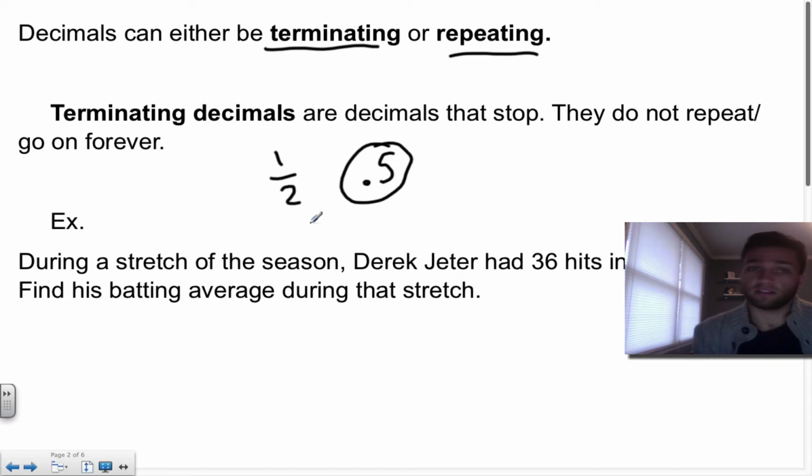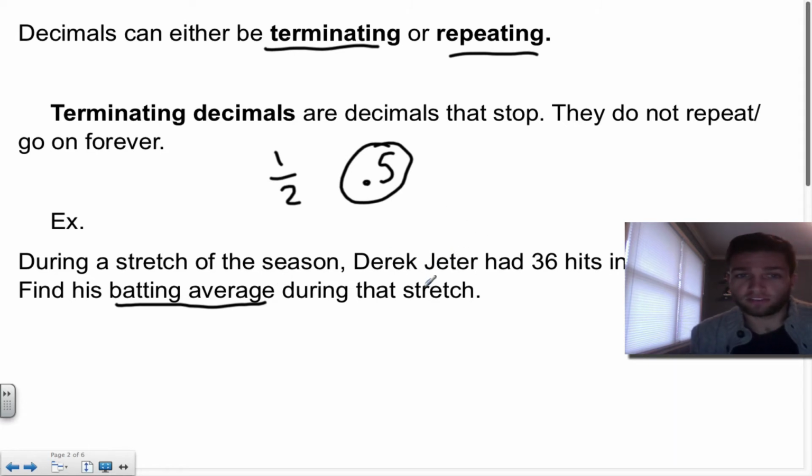A popular problem that we're going to look at in this section of the chapter is batting average, and it's a great time for that. We got playoff baseball going on for those of you who follow sports. And a popular person, at least in this area, is Derek Jeter, so you can at least somewhat relate to it. Batting average is basically a fraction. So let's look at this example.